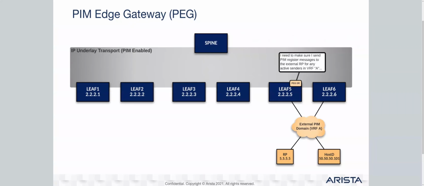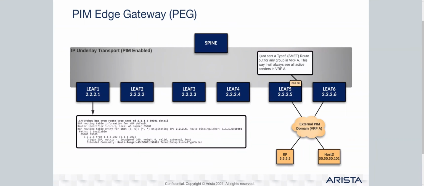It's official. Now he needs to make sure that, as one of the responsibilities, if there is an active sender in the EVPN domain, it needs to send the PIM register to the external PIM domain RP. So how do I make sure that, regardless of whether or not I have any locally attached interested receivers, I always get any overlay multicast feed for VRFA?